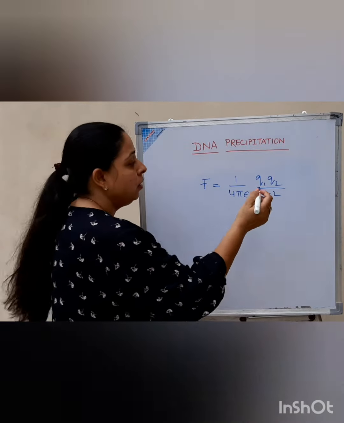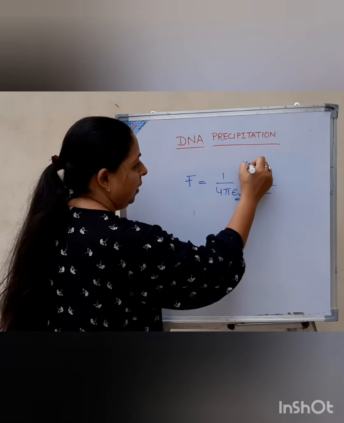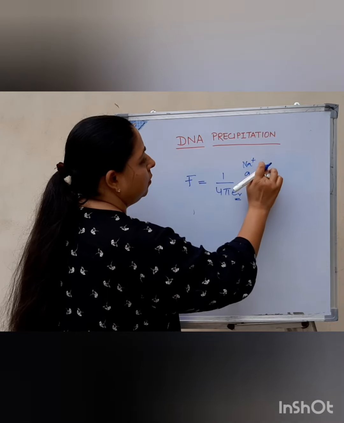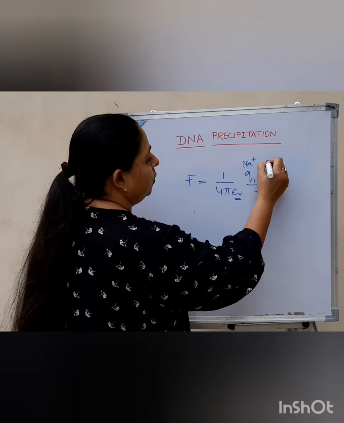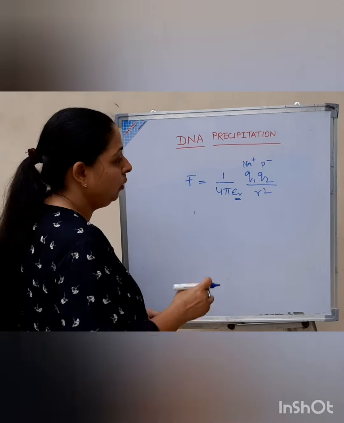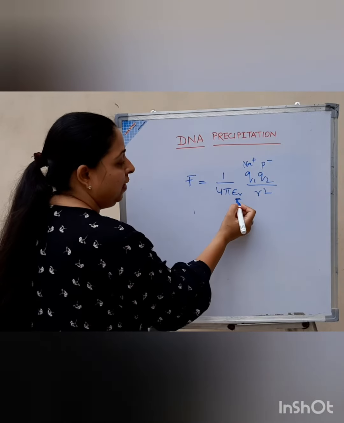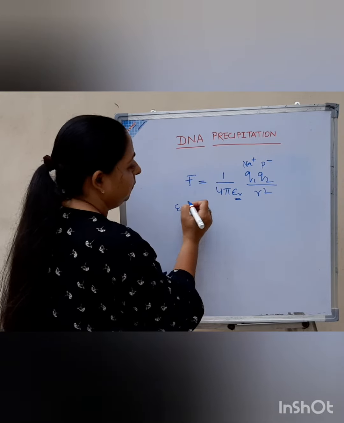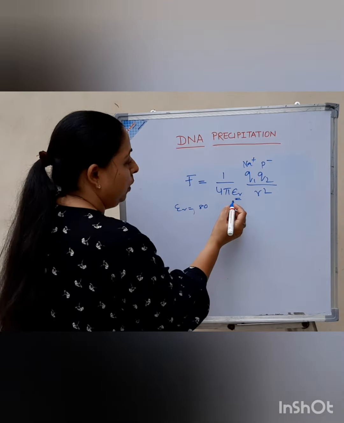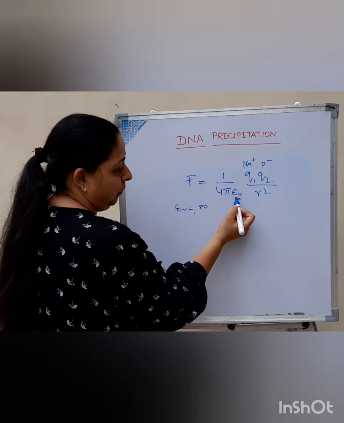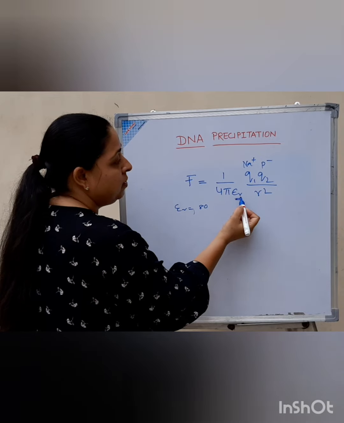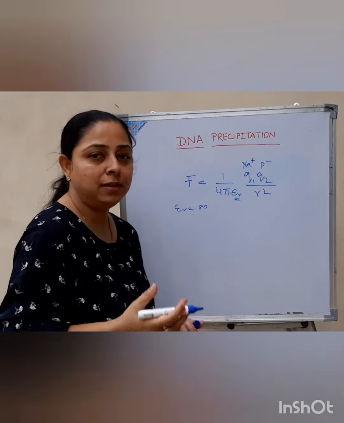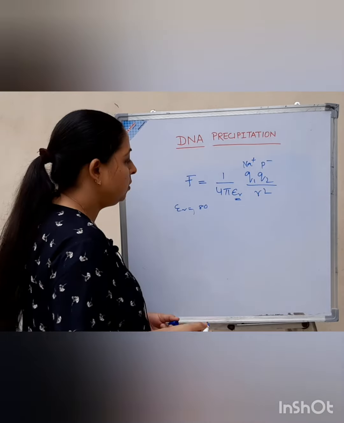In our case, Q1 is sodium ion and Q2 is the phosphate ion. The dielectric constant of water is 80. So when we put 80 here, that means the force between sodium ion and phosphate ion would be 80 times weaker.